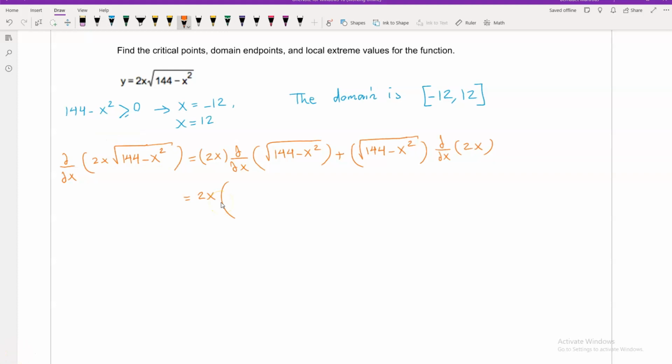So this is equal to 2x times the derivative of the square root, which is negative x divided by square root of 144 minus x squared, and then plus the square root of 144 minus x squared times the derivative of 2x, which is 2. Now we have to simplify.